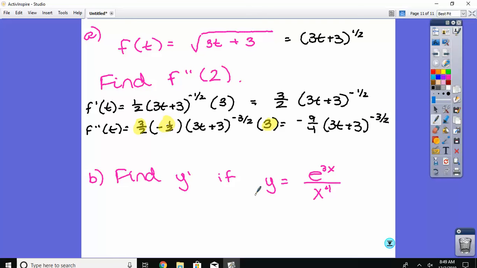Now what do I need to do? Plug in a 2. Okay, so I've got negative 9/4. If I were going to do this without a calculator, a negative exponent puts it on the bottom, right? A 3/2 power means the square root of this, cubed.